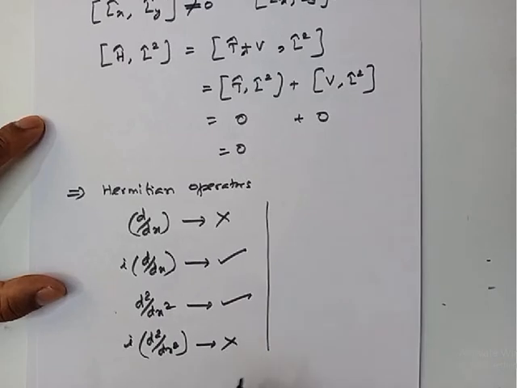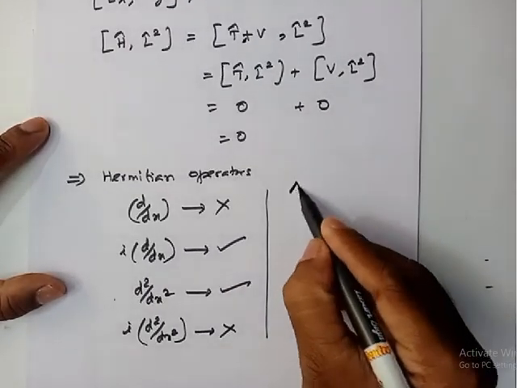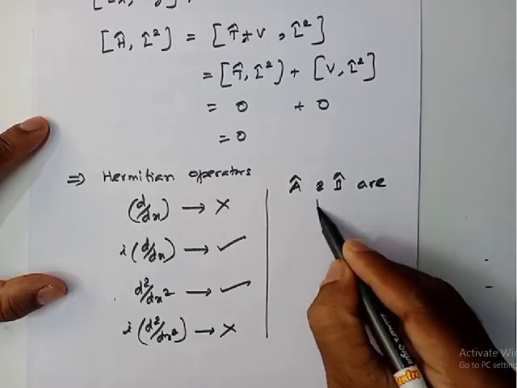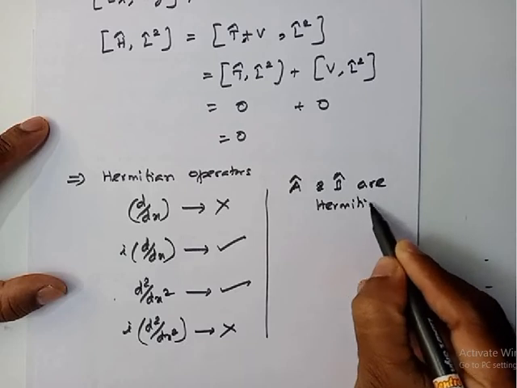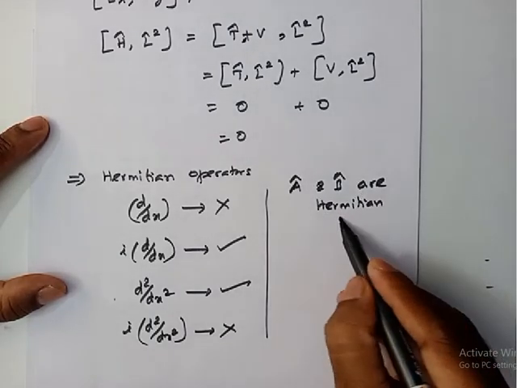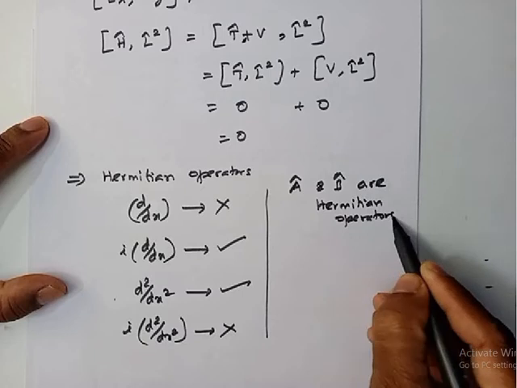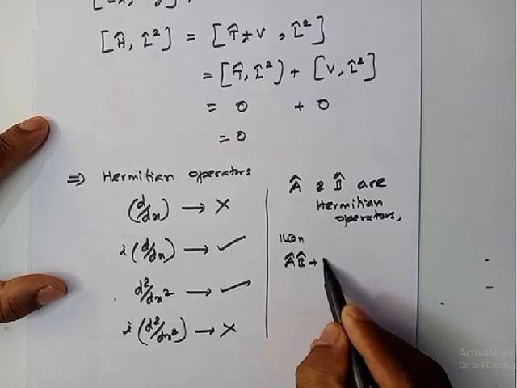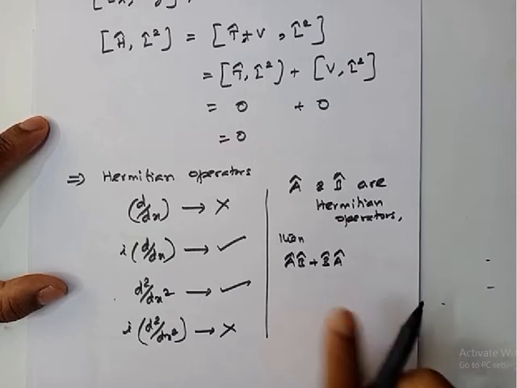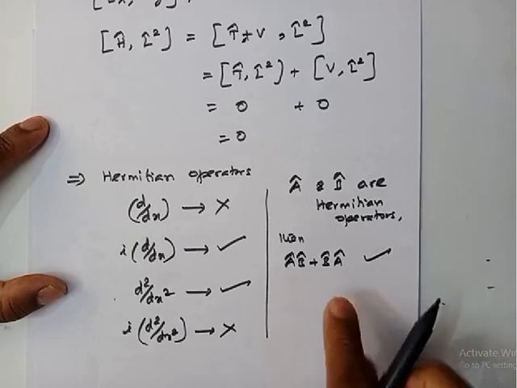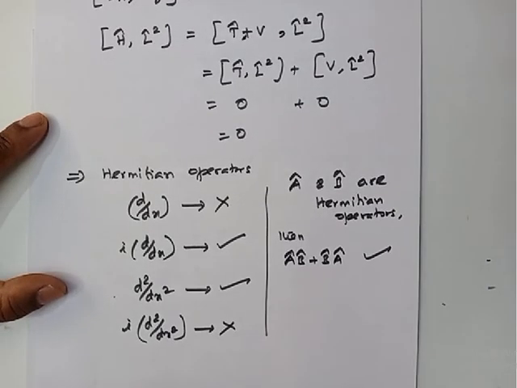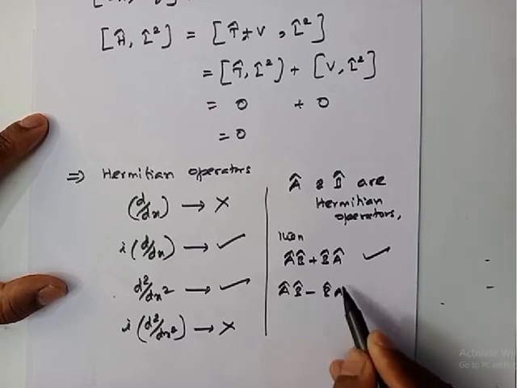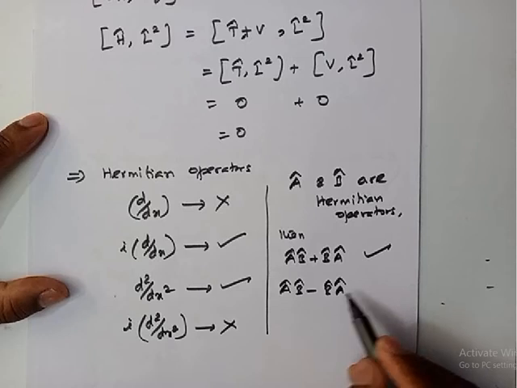Then one more piece of information. If A and B are Hermitian operators, then AB plus BA is also Hermitian, whereas AB minus BA is anti-Hermitian.